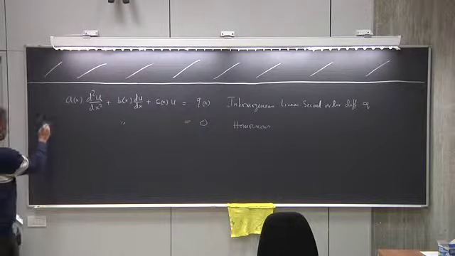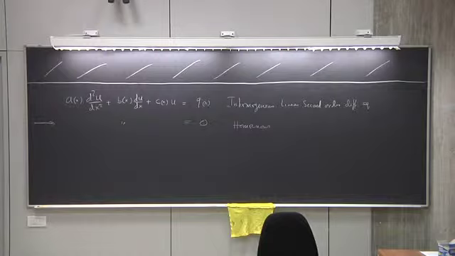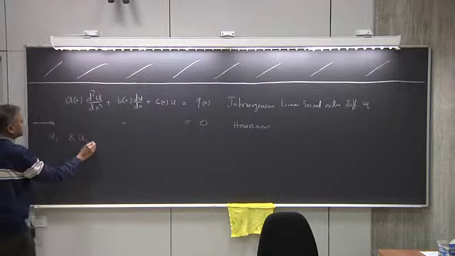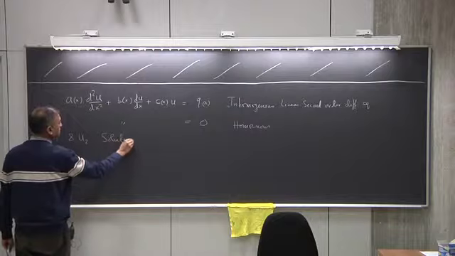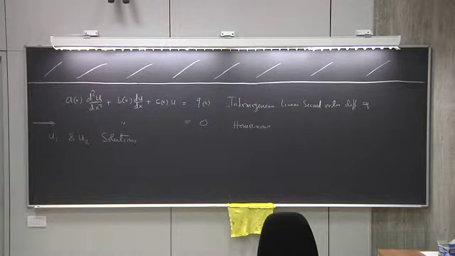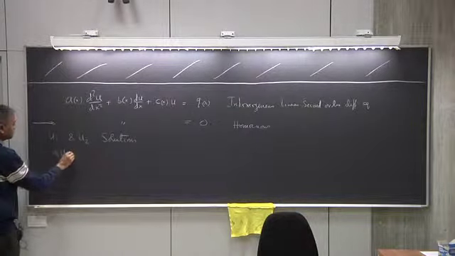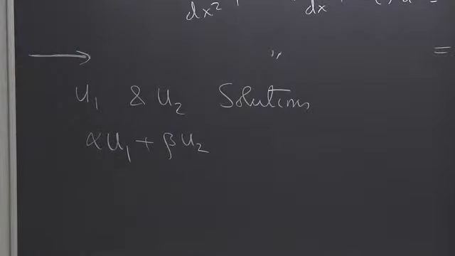So in this case, we know that the space of solutions will be a vector space, right? Because if you are given u1 and u2, two solutions of this homogeneous equation, then any alpha u1 plus beta u2, where alpha and beta are constants, not dependent on x, is also a solution.